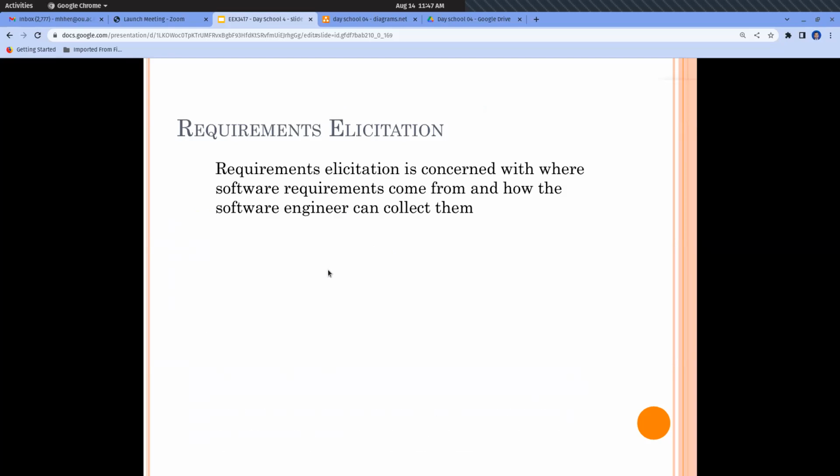Requirements elicitation is concerned with where software requirements come from and how the software engineer can collect them. The software engineer should get all the information about what the company actually needs.